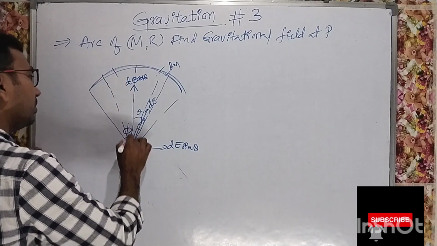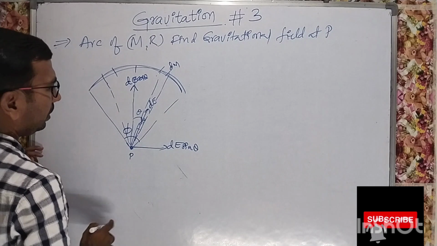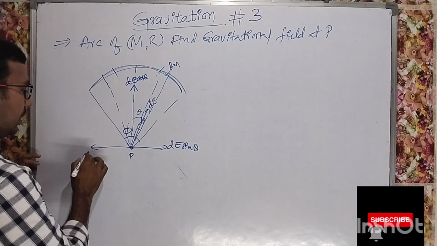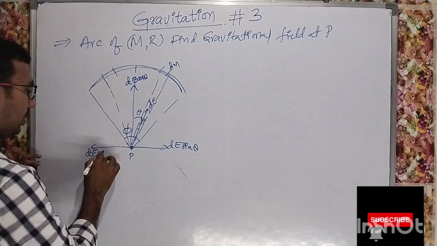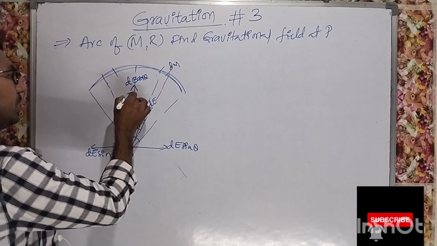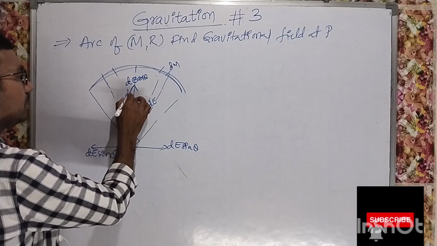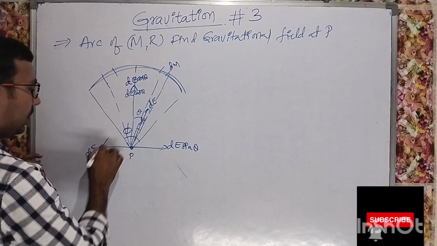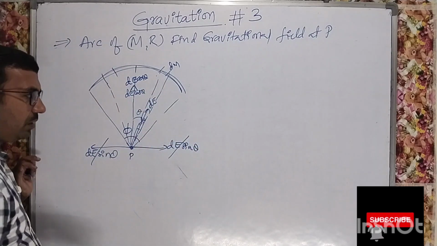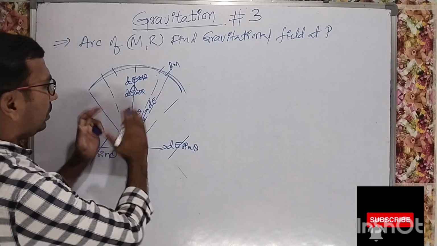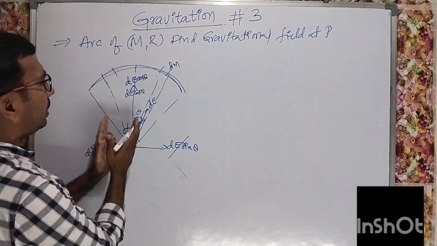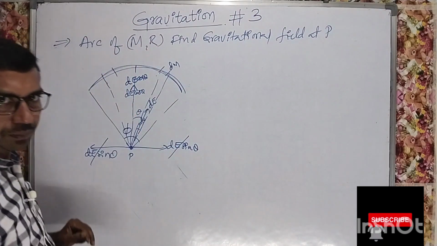The angle subtended is the same. So this side dE sin theta, and this is acting upward. This dE cos theta is added up. So this dE sin theta gravitational field is cancelled. So along the vertical again gravitational field is added up.